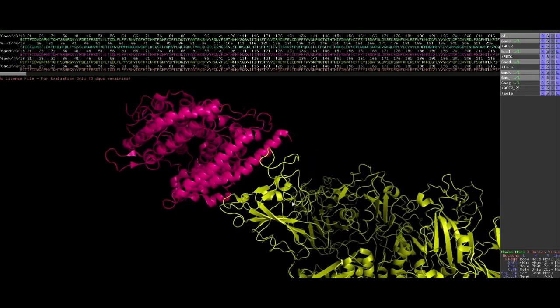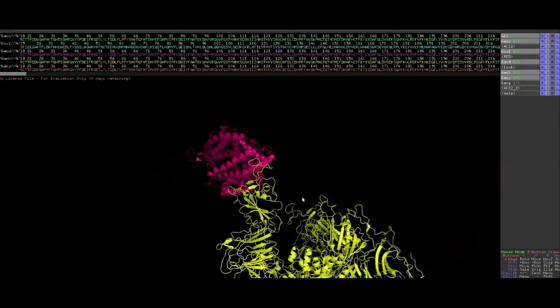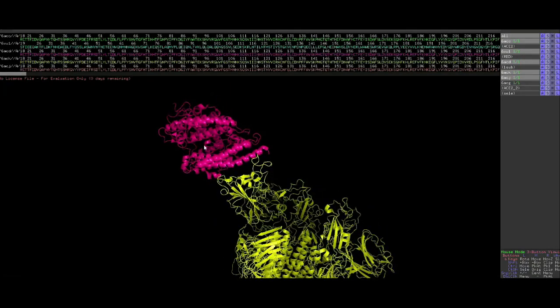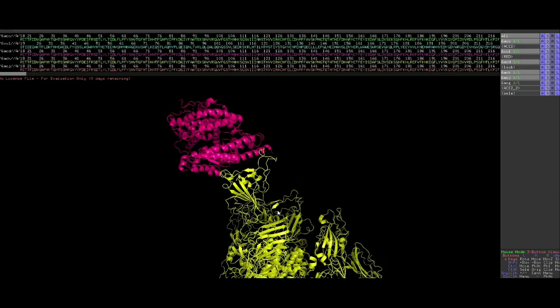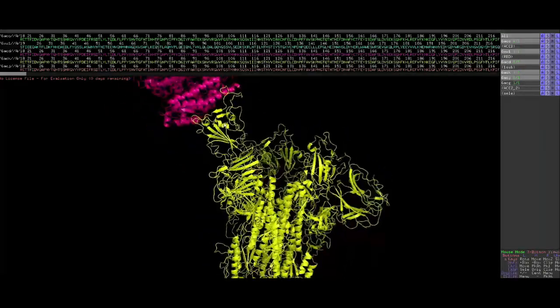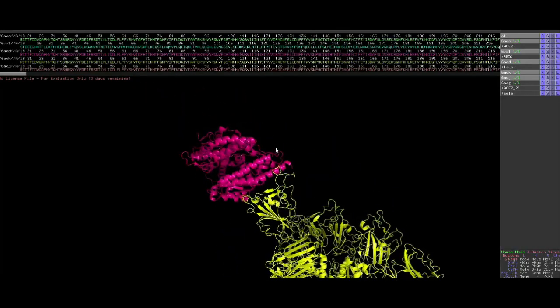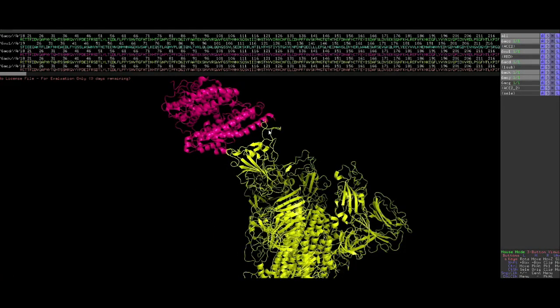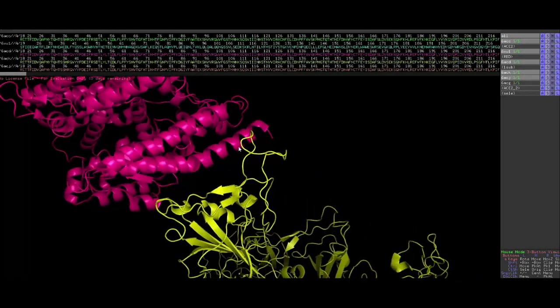And we can see that this open part of the spike protein is bound to the ACE2 receptor up here. And once again, the mechanism for this would be very similar to the SARS-CoV-2 that we are dealing with right now. And so, yeah, this is how it binds to the ACE2 receptor up here.